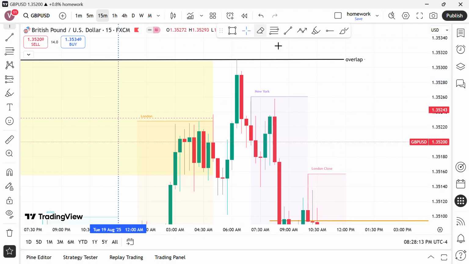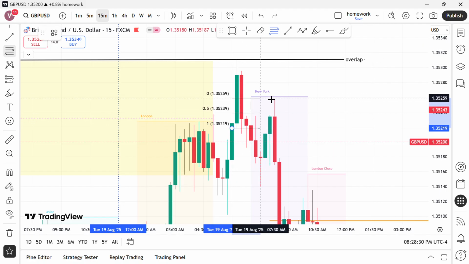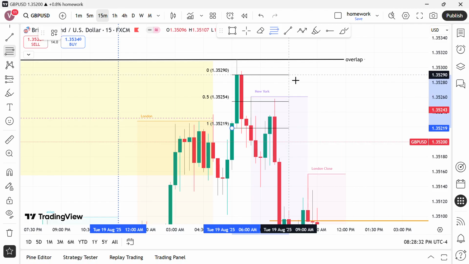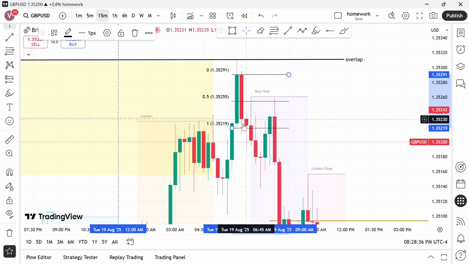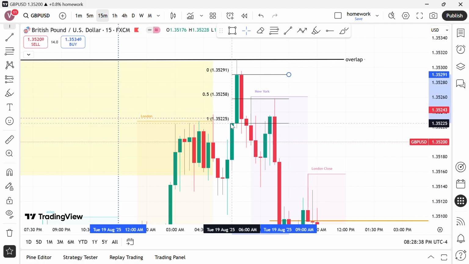Now, this is exactly what happened here, as you can see, and then price retraces. This is also called the Judas swing, protraction for New York session. And in that protraction, let's take the body of this green candle.